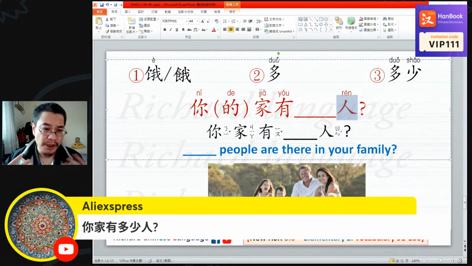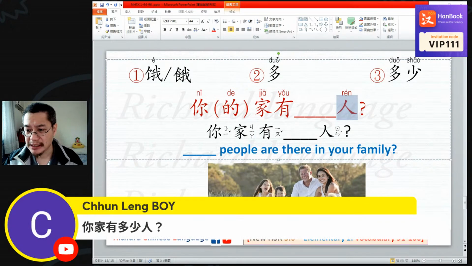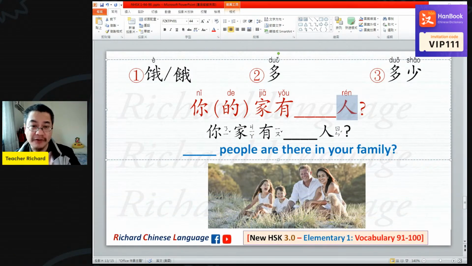你家有多少人? Cool. And oftentimes you'll see a sentence like this in the textbook. 你家有几口人, right? 你家有几口人 is also correct, of course. And that's in northern China. In southern China, we don't say 几口人, we say 几个人.